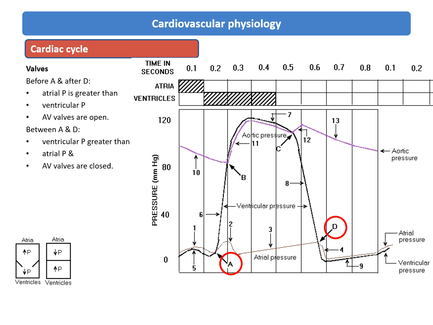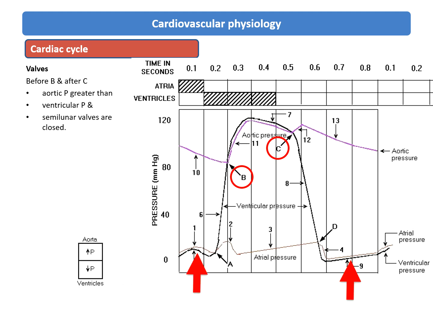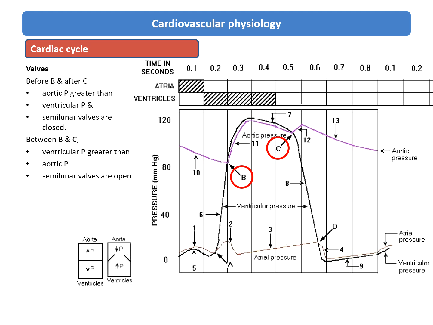The AV valves are closed. Before B and after C, aortic pressure is greater than ventricular pressure. Semilunar valves are closed. Between B and C, ventricular pressure is greater than aortic pressure. The semilunar valves are open.